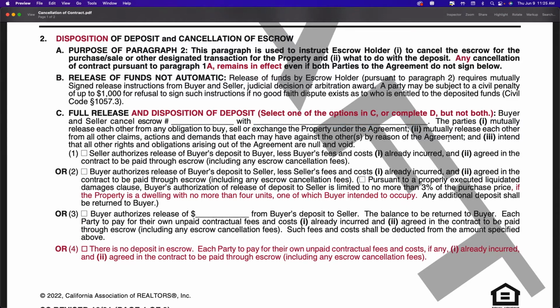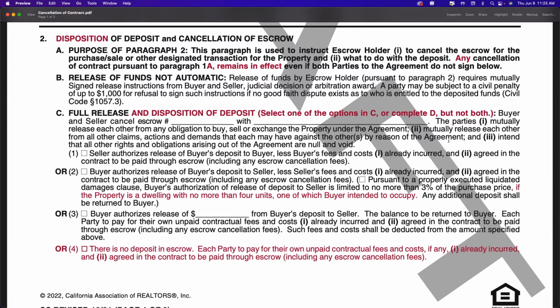The parties mutually release each other from any obligation to buy, sell, or exchange the property under the agreement. Mutually release each other from all of their claims, actions, and demands that each may have against the other by reason of the agreement, and intend that all of the rights and obligations arising from agreement are null and void. So we're just saying we're canceling everything.